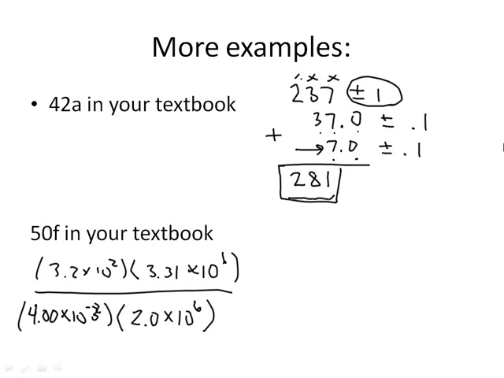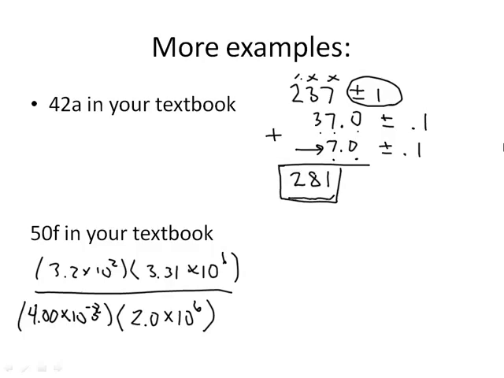Okay, so first I'm going to put it into my calculator to see what mathematically it comes out as. So 3.2 times 10 to the second, multiplied by 3.31 times 10 to the sixth.